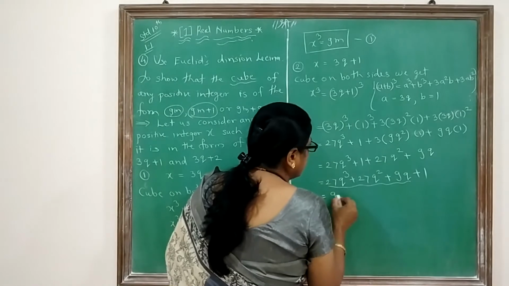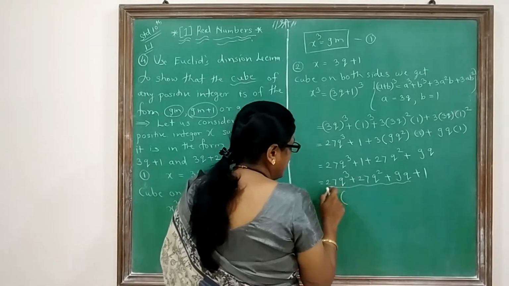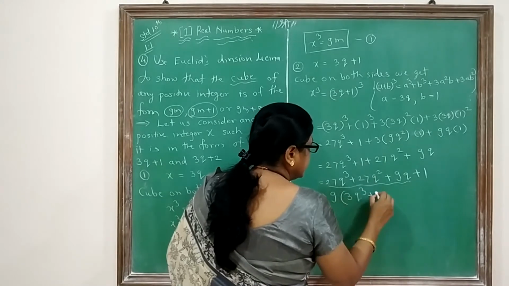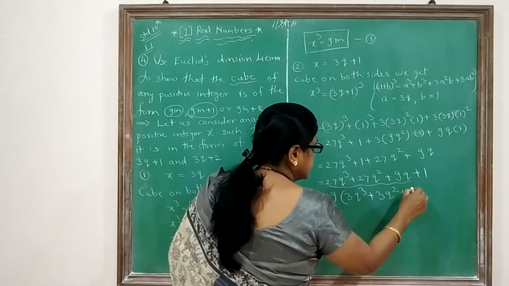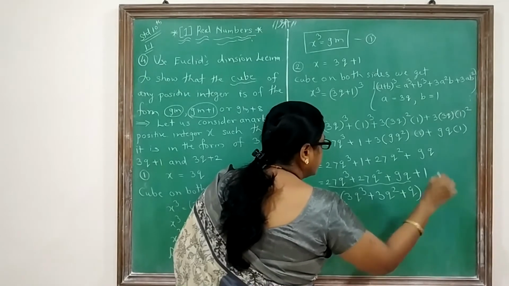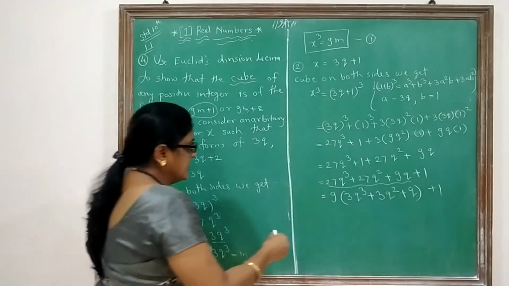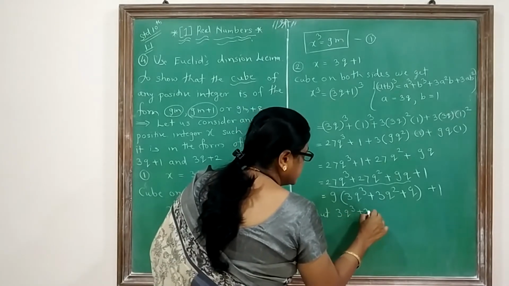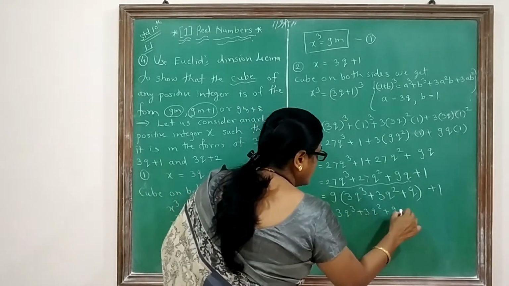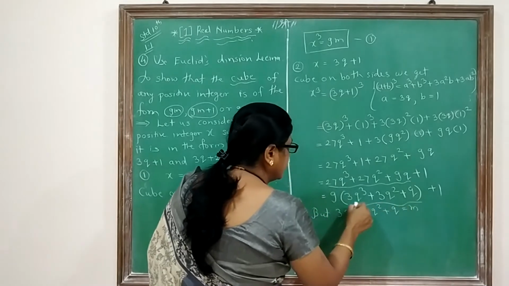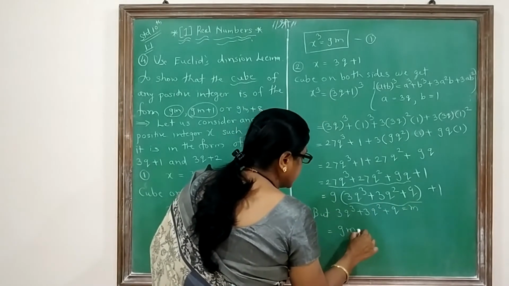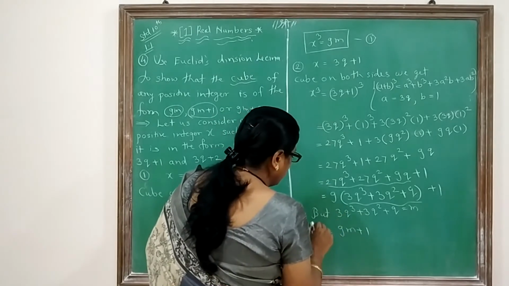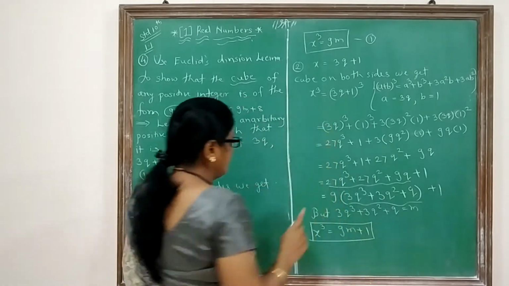Then 9 times 3 is 27, 9 times 3 is 27, 9 times 1 is 9, and plus 1. Then 3q cube plus 3q square plus q equal to m. Put m here, then you will get 9m plus 1. This is your next value: x cube equal to 9m plus 1.